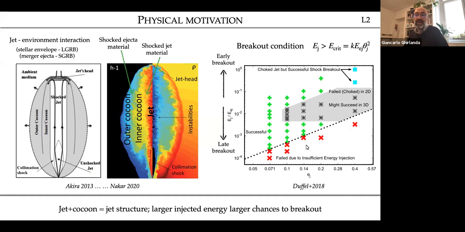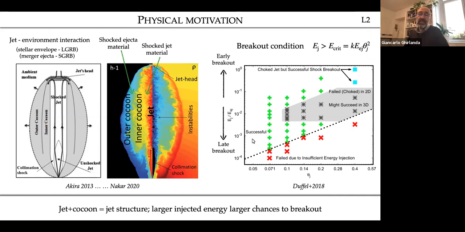Everything below is not successful, while if the jet has enough material, larger than the ejecta material, the jet is successfully breaking out. Of course, for these two considerations there are details here. You can look at the paper by Duffell and later references if you want to have more details.